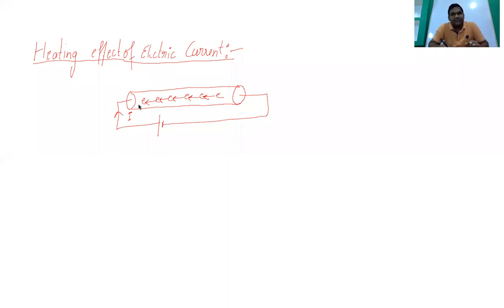If heat is produced, it means what? If there is heat in any wire, then there is going to be a loss of energy, and that loss of energy is due to conversion into heat.